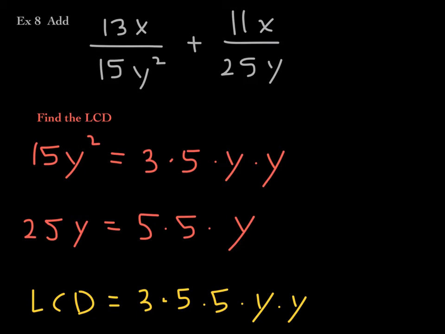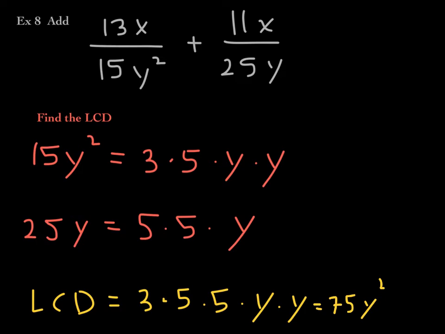So the LCD, when you multiply all of this out, you get an LCD of 15y. Oh, excuse me, I wrote something down wrong. I think I got ahead of myself. y times y, yeah, I think I had y squared there. All right, so the LCD then is 75y squared.